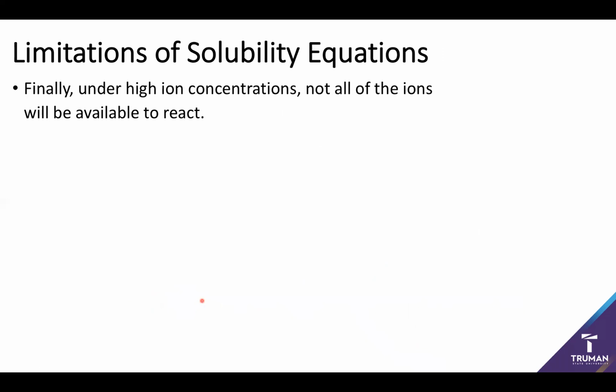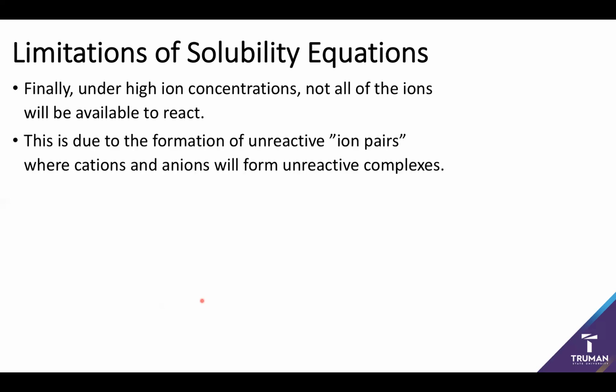And finally, one of the last things we have to include is that it turns out that just because I decomposed and formed an ion doesn't mean that those ions are always going to be available to react and form a solid. So this is due to the formation of what we call an ion pair. So a lot of our cations and anions will form unreactive complexes.